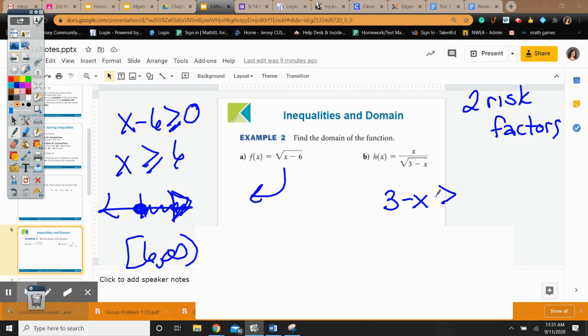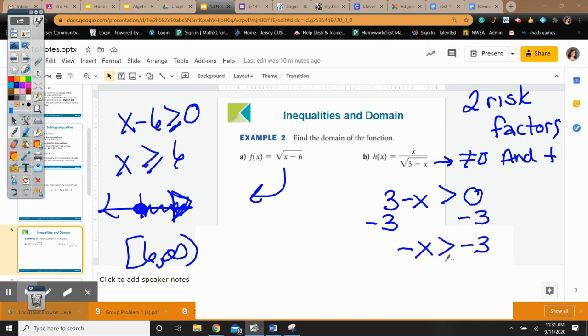This is the one where it can't be 0. 3 minus x has to be greater than or equal to 0 just because of the square root, but it can't be 0 because you cannot divide by 0. So that can't equal 0, and it has to be positive. So that makes it just greater than 0. There's 2 ways you could do this. You could just add x to both sides, but if we want to practice flipping the inequality, it would be -x greater than -3.